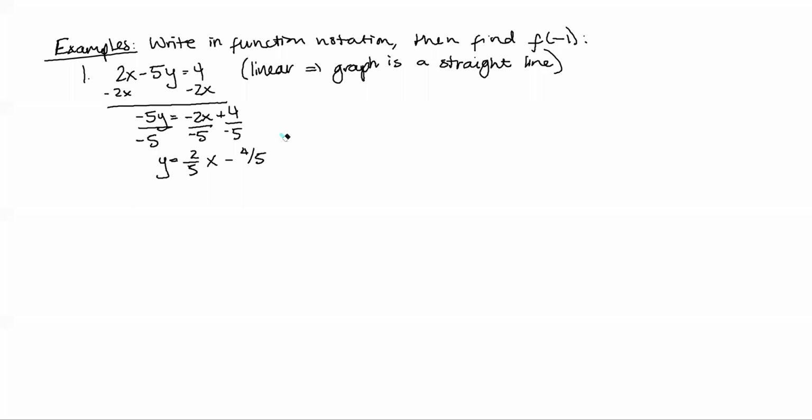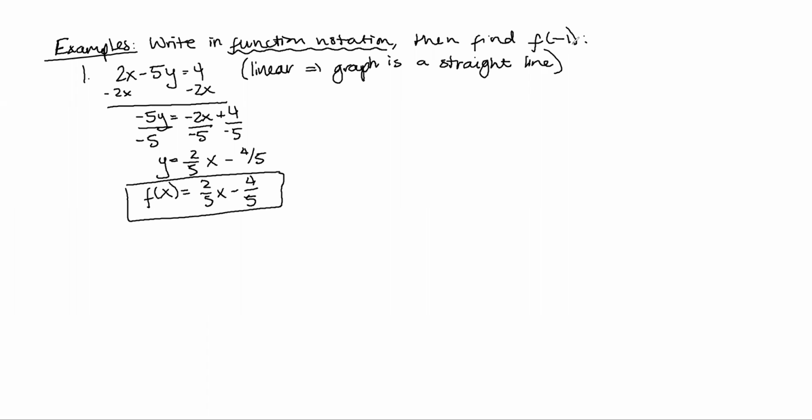I almost boxed that. We're not quite done. Since we're writing in function notation, we want to take our y and replace it with f of x. So we're going to have f of x equals 2/5 x minus 4/5. So this is our equation in function notation.